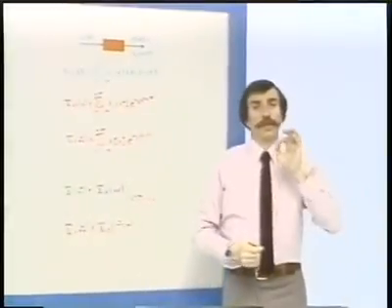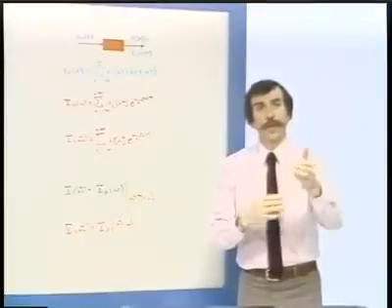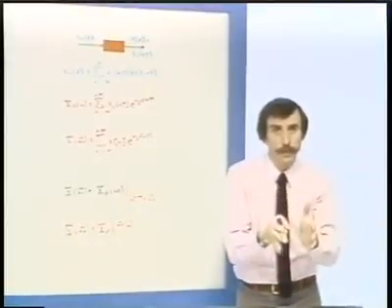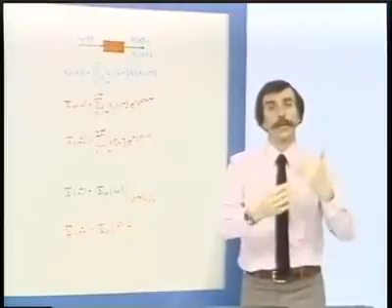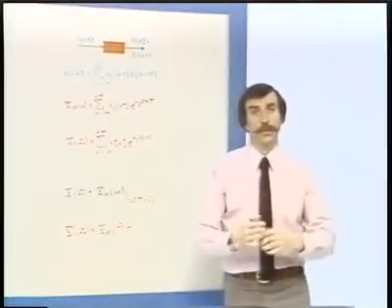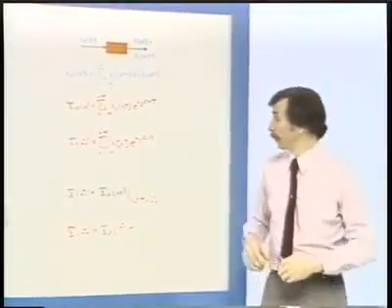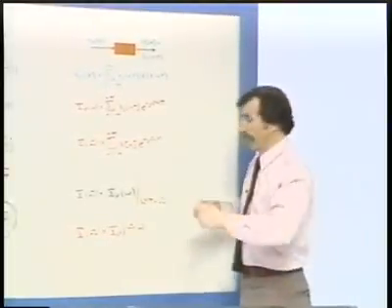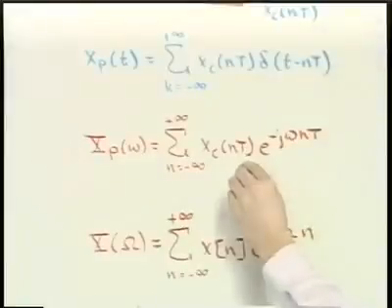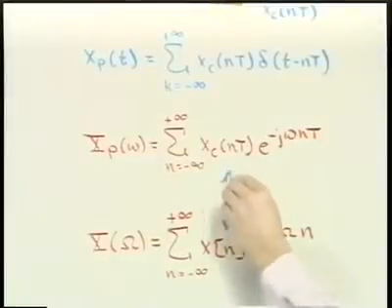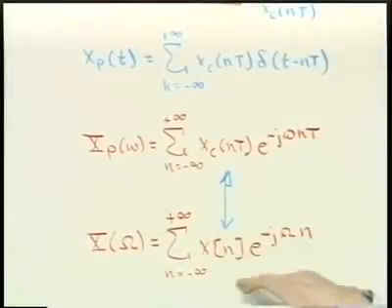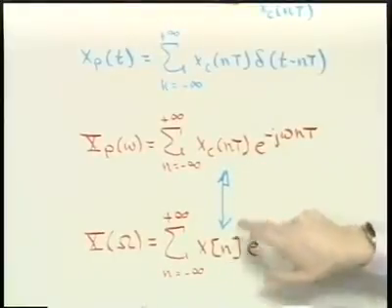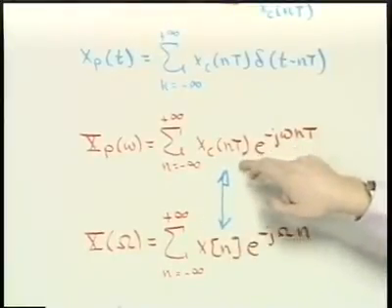So we have the continuous time Fourier transform of the impulse train. We have the discrete time Fourier transform of the sequence, and now we want to look at how those two relate. Well, it pretty much falls out of just comparing these two summations. In particular, this term and this term are identical. That's just a relabeling of what the sequence values are.